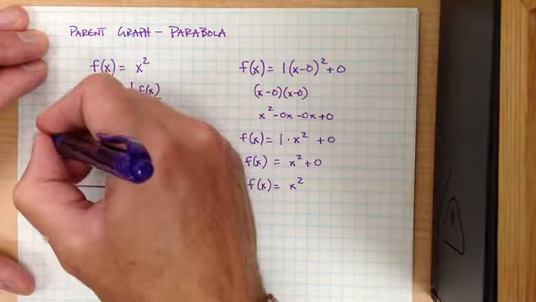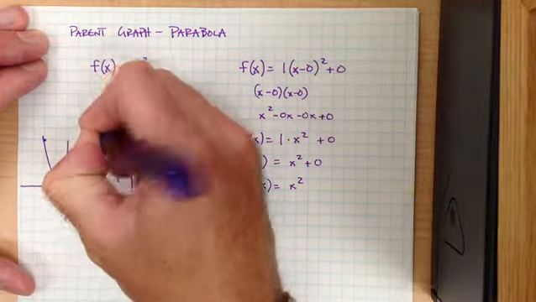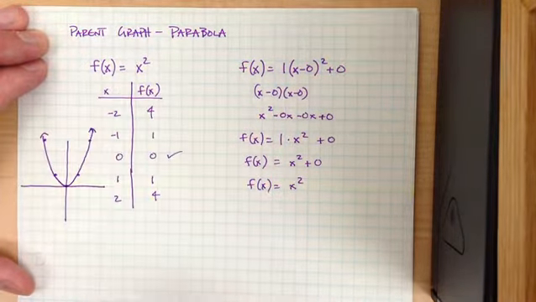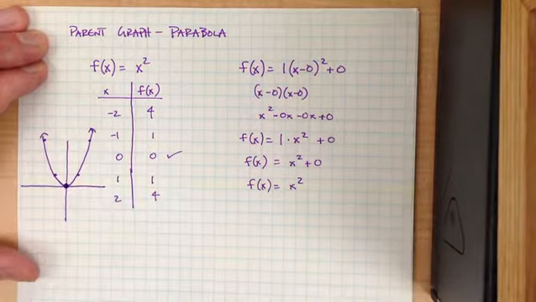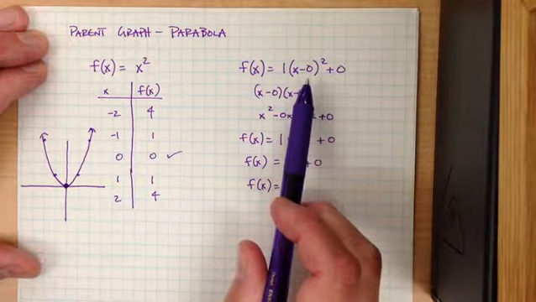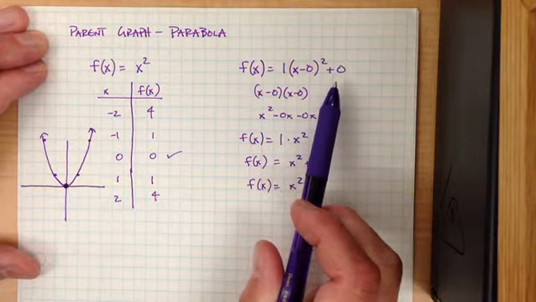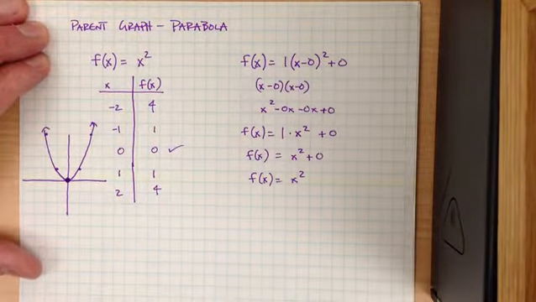That is our parabola. That is where it turns right there at 0, 0, and it continues on up into infinity in both directions there. That is my vertex. And if you take a look back up here at this equation, we do have a 0 and we do have a 0. That can kind of lead us to the general form of this equation.